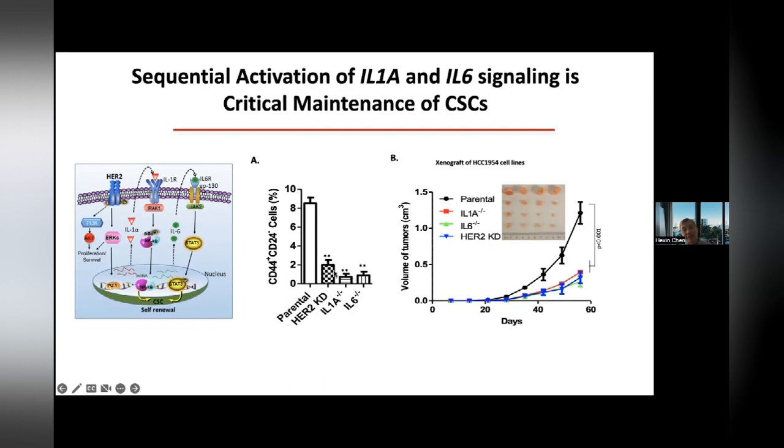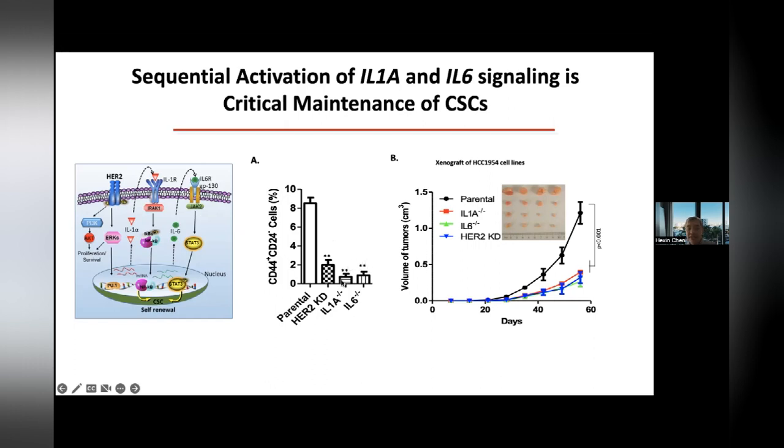We did a lot of molecular work to characterize the signaling pathway, and it turns out HER2 triggers sequential activation of IL1 and IL6 in these HER2-positive breast cancer cells. This sequential activation seems very important for the maintenance of cancer stem cells.